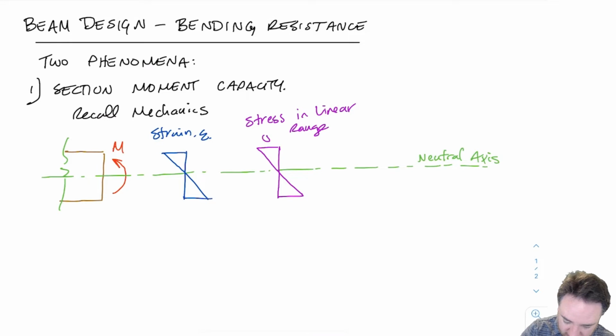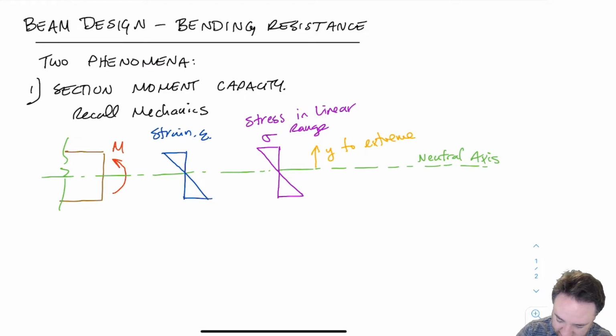And this one we can call sigma. And you'll recall that if I want to calculate the strength of this, I need to look at the distance to the extreme fiber on either the tension side or the compression side, depending on which failure I'm looking at.